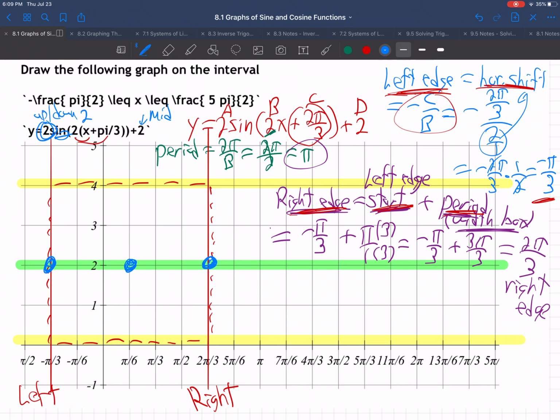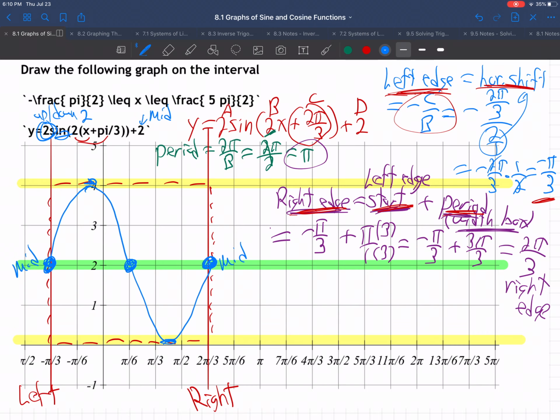It's positive, so it's going to go up first. It's going to go up, and then boom, and then down, and then boom. See how I fit a sine graph perfectly in that box. It hits the top, hits the bottom, starts on the left, ends on the right, one cycle of sine fitting in there. Again, sine always starts in the middle, ends in the middle.